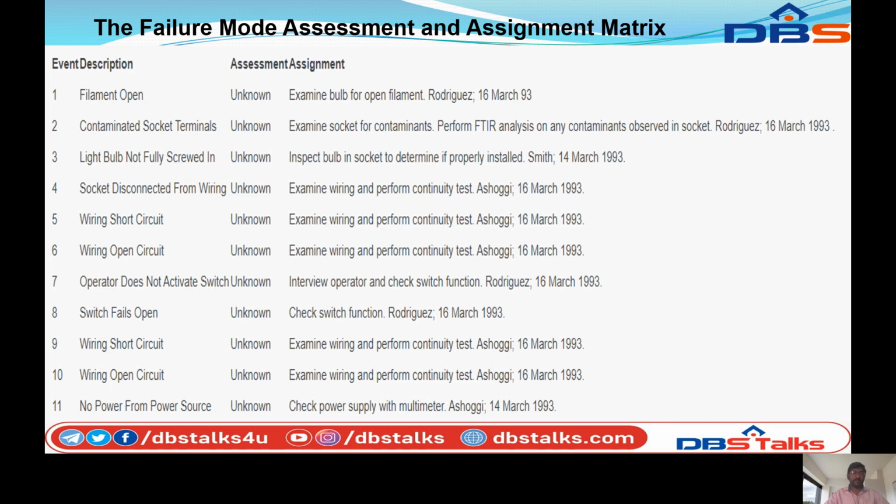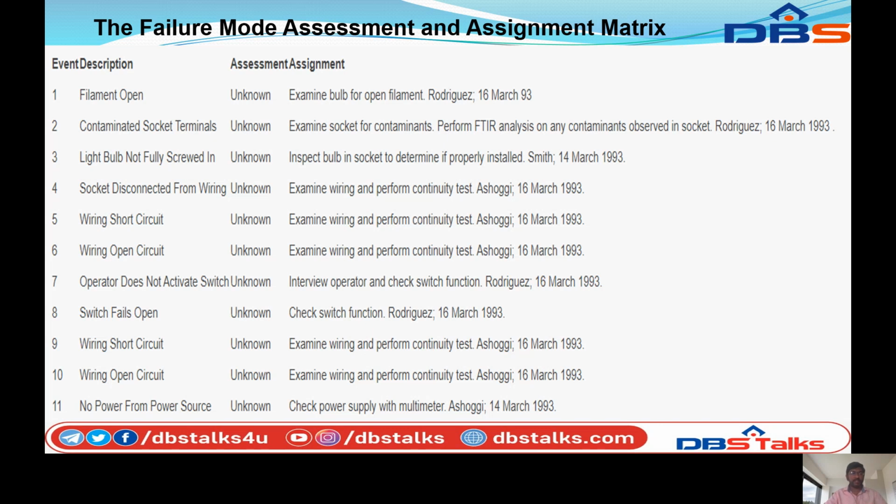Next, event 3, the description is light bulb not fully screwed in. The assessment is unknown. The assignment is to insert the bulb in the socket to determine if it is properly inserted. This was developed by Smith, introduced on 14th March 1993.